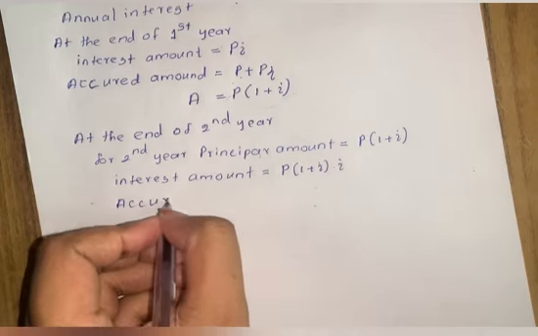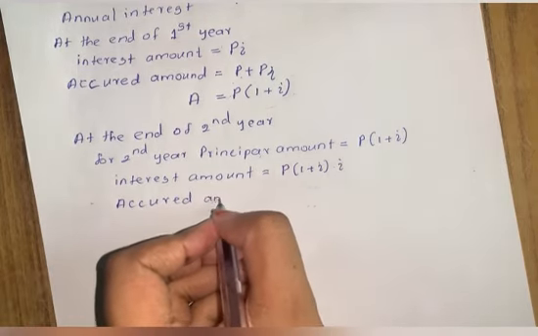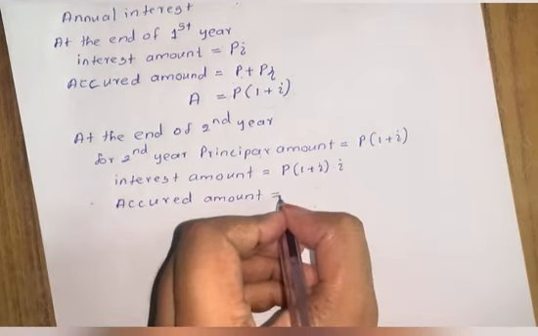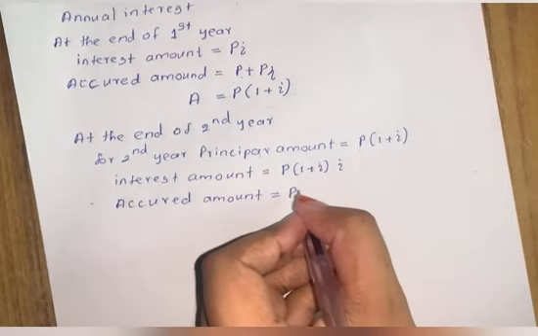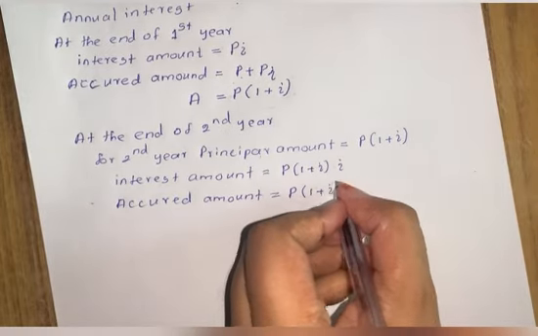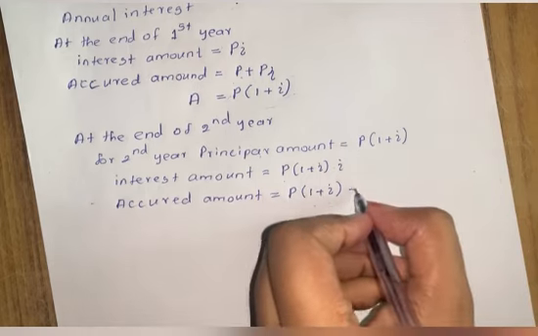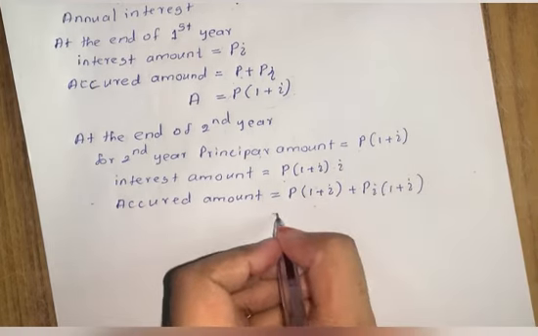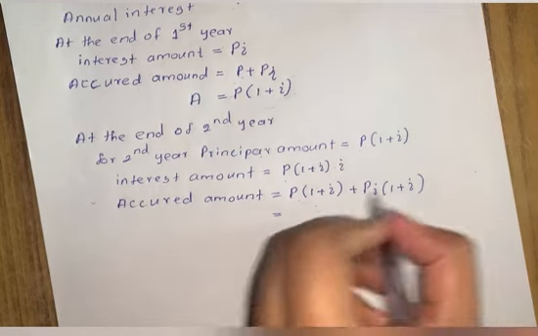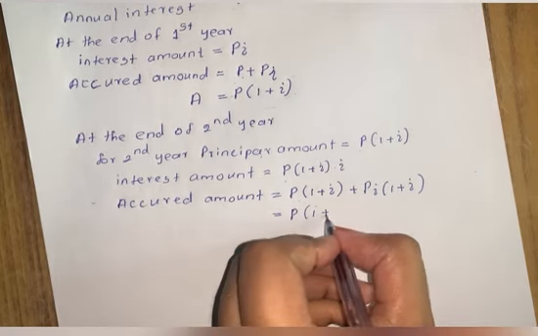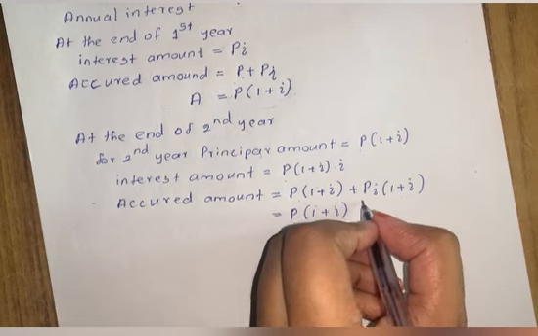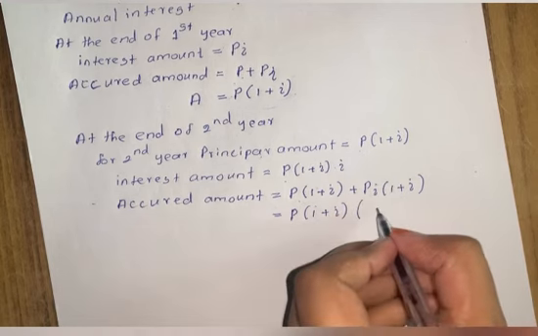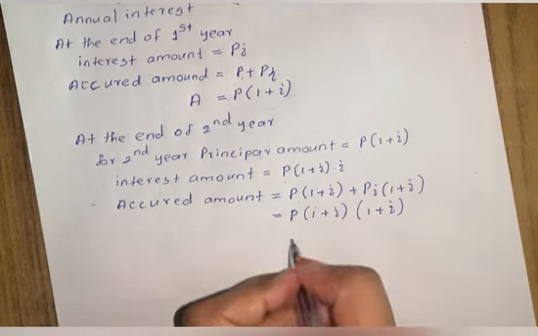So our acquired amount at the end of the second year will be P into 1 plus I, plus PI into 1 plus I. If we rearrange them, we can take P into 1 plus I as common, and 1 plus I will come again.